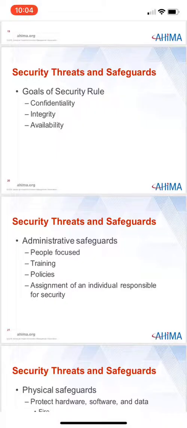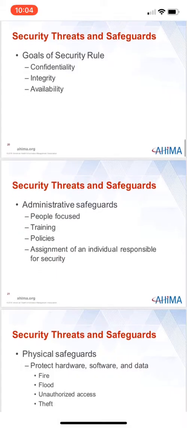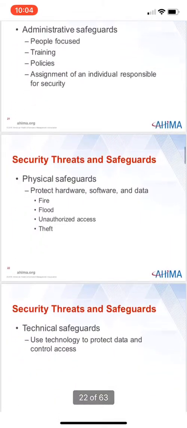Administrative, physical, and technical safeguards are broken down into implementation specifications and standards. The standards tell the covered entity what must be done, whereas implementation specifications provide directions to help the covered entity comply with the standards. Each standard is identified as required or addressable.